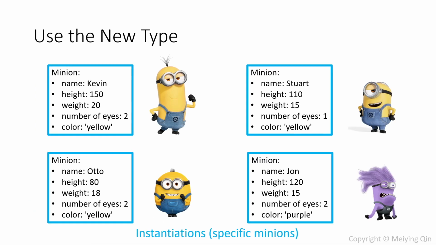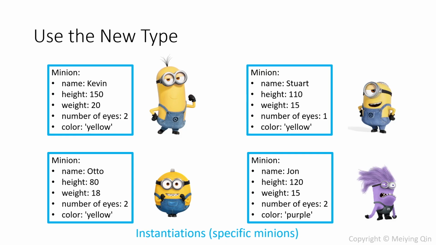Now, once we have that blueprint, we can create the actual minions, or the actual objects of a class. For example, we can have minion Kevin with these properties. We can have minion Stuart, John, and so on. Each of them has different properties. And each of these minions is called an object, or an instance of our class.